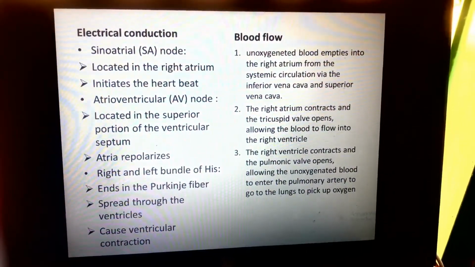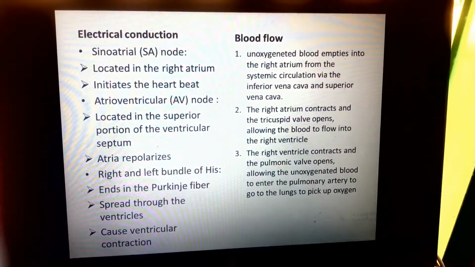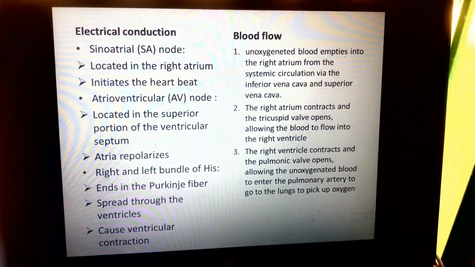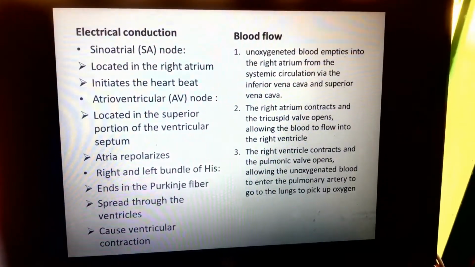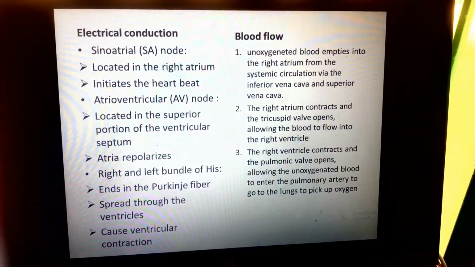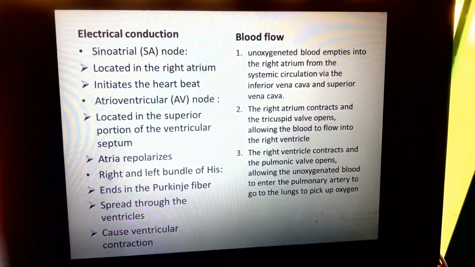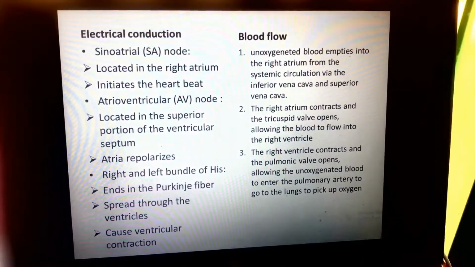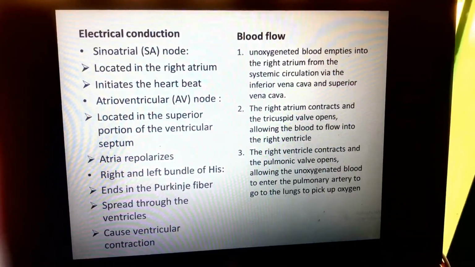It is carried by the veins. So the blood comes with the vena cava, superior and inferior vena cava, as unoxygenated blood. They empty into the right atrium.